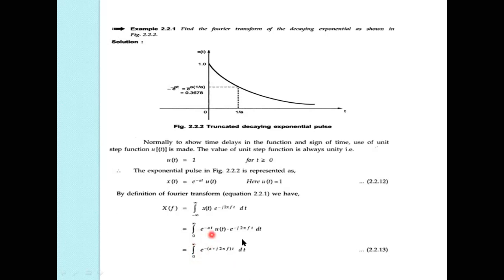These two exponentials have the same base, so add the powers: e power minus at minus j 2 pi f t. Take the common factor: minus (a plus j 2 pi f) t dt. We know the integral of the exponential value.